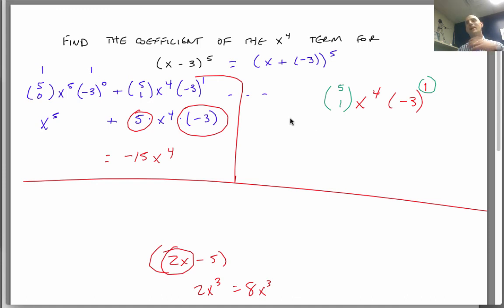You could do this for any power, and sometimes they're going to give you an x to the 20th term or something huge to try to confuse you, but that's how you're going to pull out what you need to have information-wise, negative or positive, and coefficients-wise to determine the overall coefficient. So the answer for this one would be that negative 15 number.